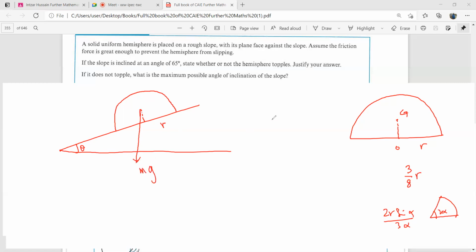Now, suppose I am going to slide this in a way, like, let me keep it like this. Let me draw this again.